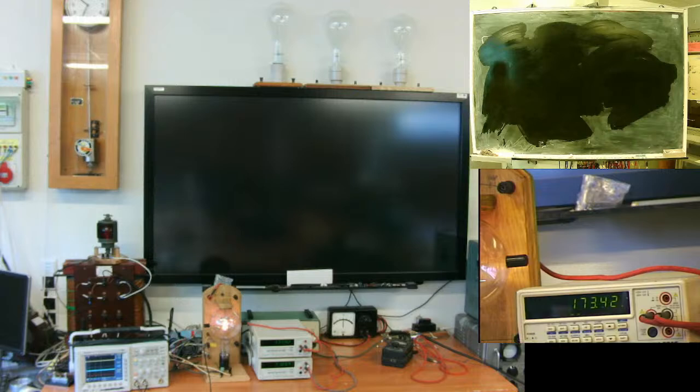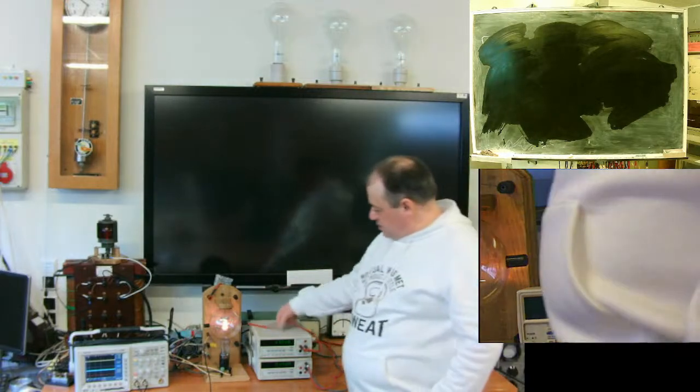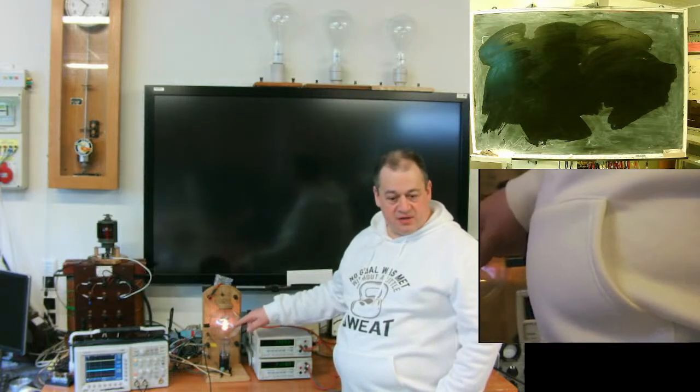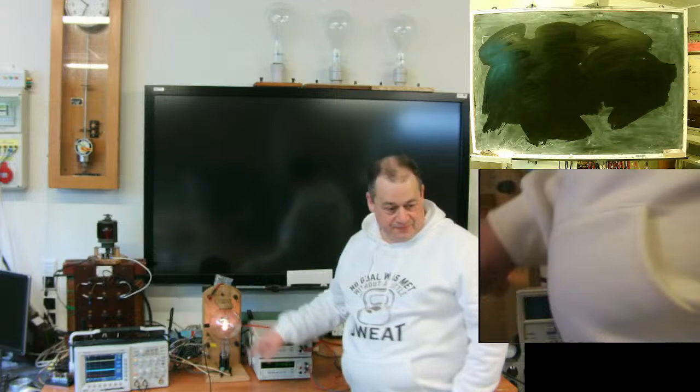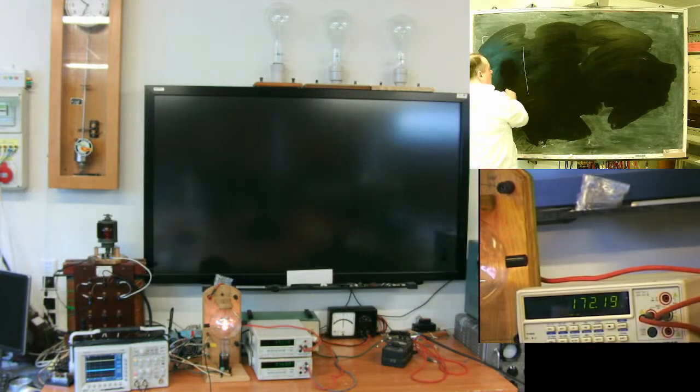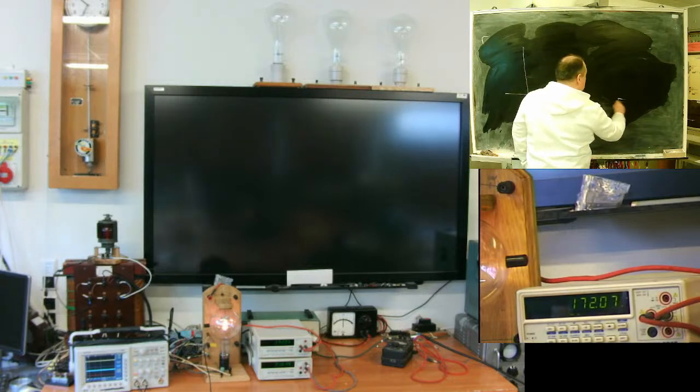What do you see? Current in the circuit. So this current is dependent on the grid voltage, yes? I can draw a nice chart.